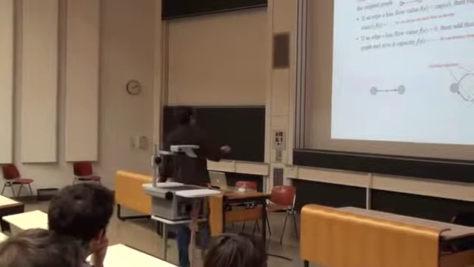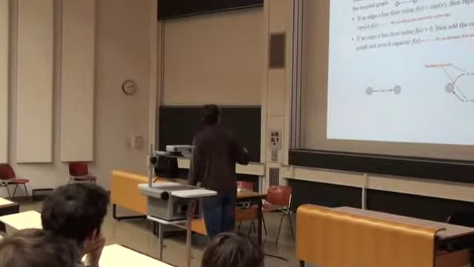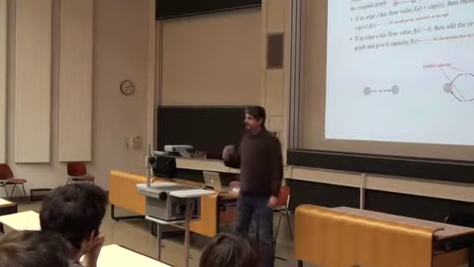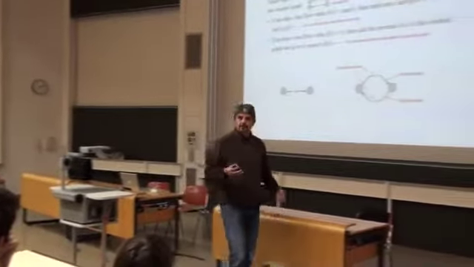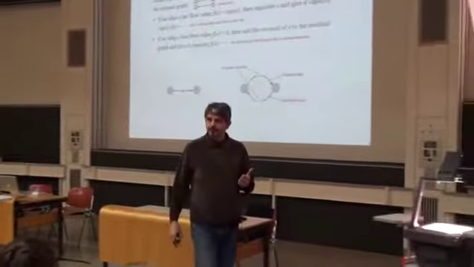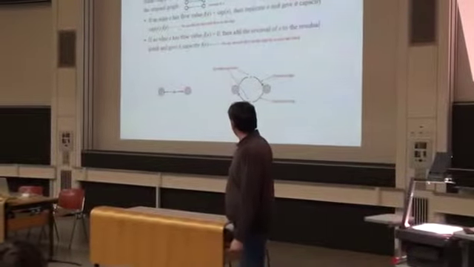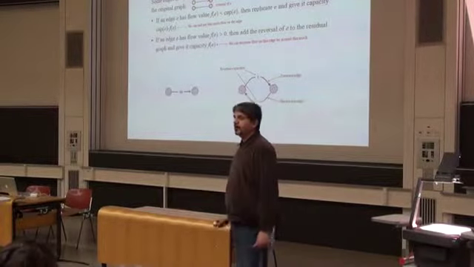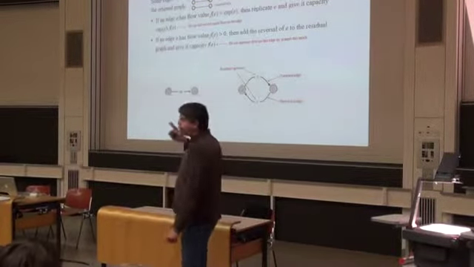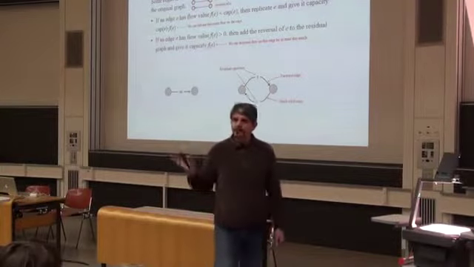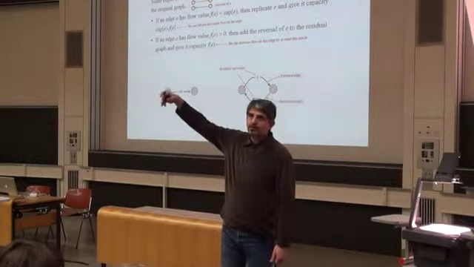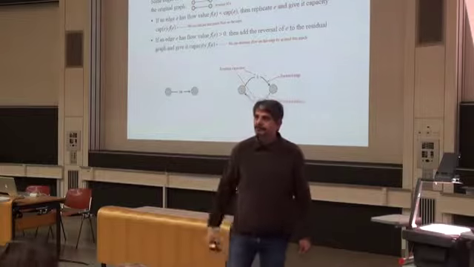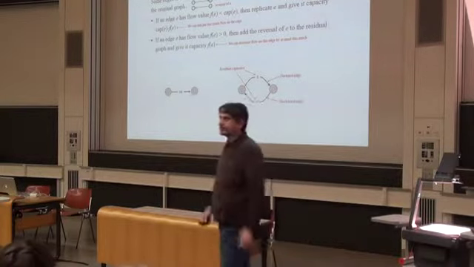If an edge has a flow value that is smaller than the capacity, then we keep the edge in its direction, and we give it the capacity equal to the capacity minus the flow value. And if you have a flow value that is strictly positive, then we create the backward edge for that edge, so the edge in the reverse direction.